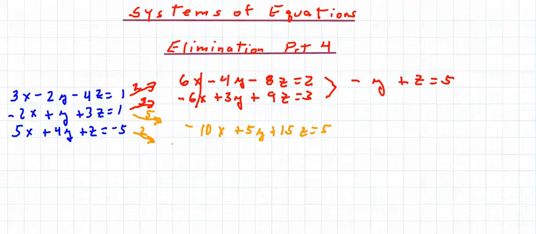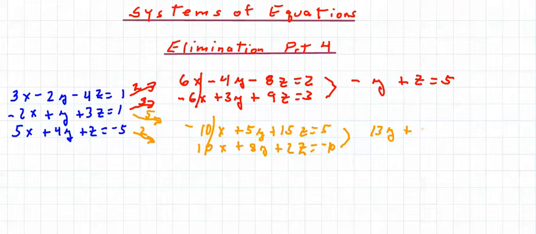And the bottom equation is positive 10x plus 8y plus 2z equals negative 10. And when I add those together, the x's will cancel. I end up with 13y plus 17z equals negative 5.